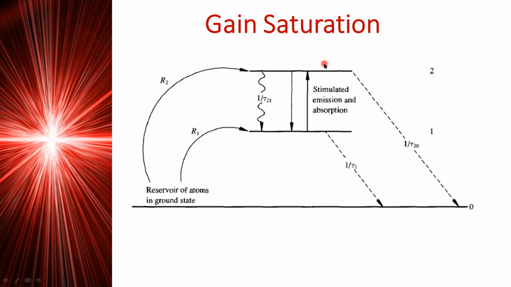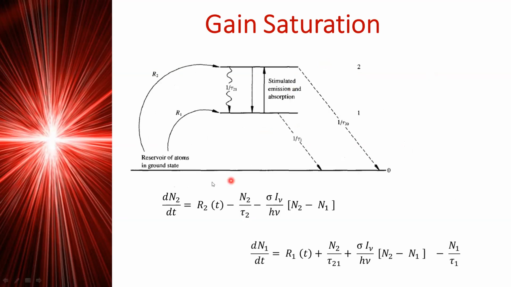So what we will do is something like that. dN2/dt is equal to, first, we have R2, which is the rate of pumping electrons from 0 to 2, minus the term N2 over tau 2. N2 is the population in 2, and tau 2 is actually the summation of the two effects.